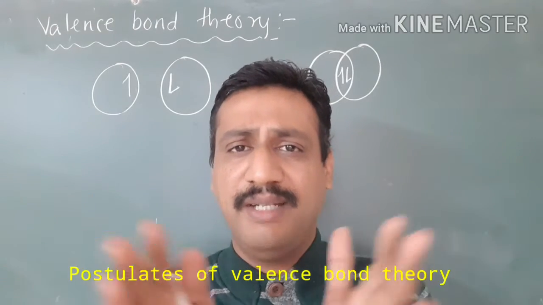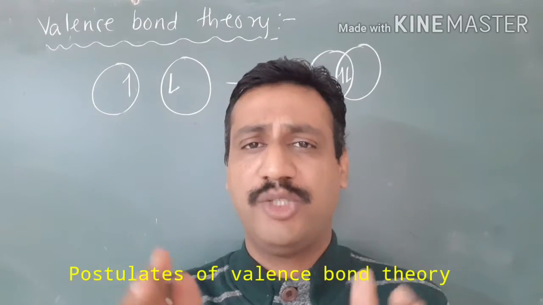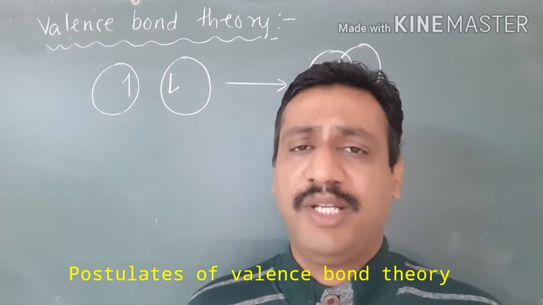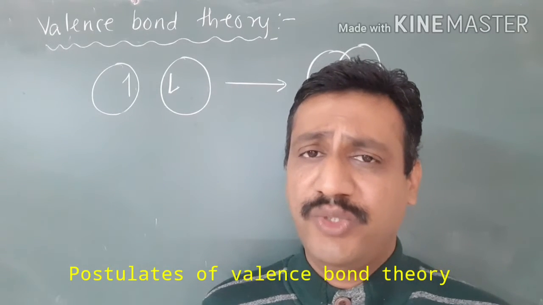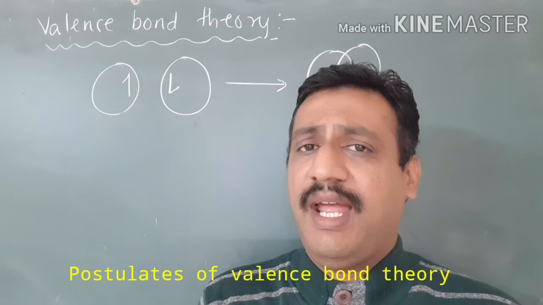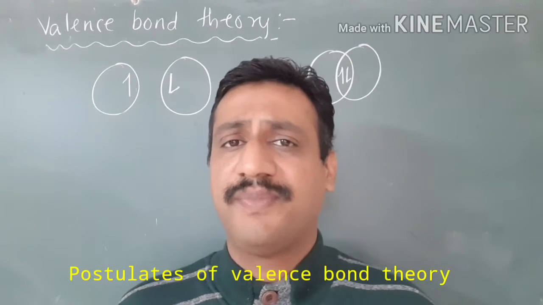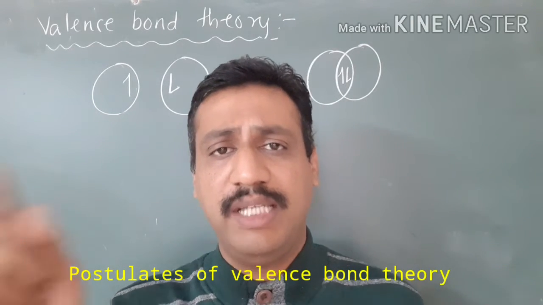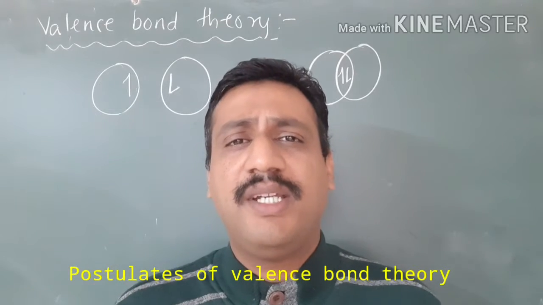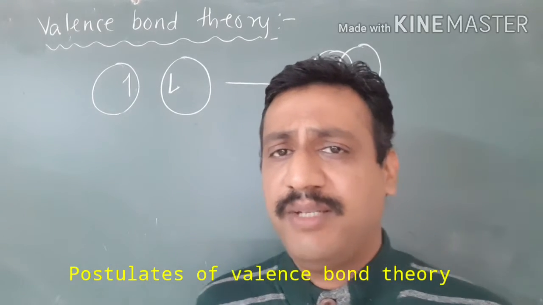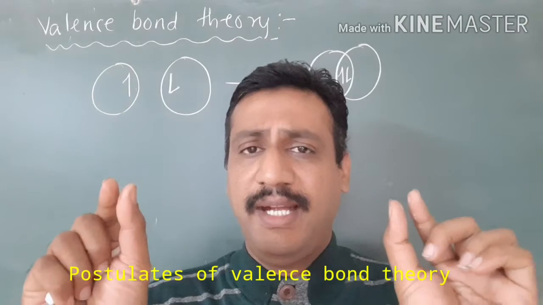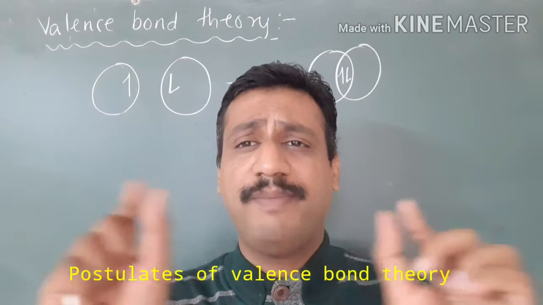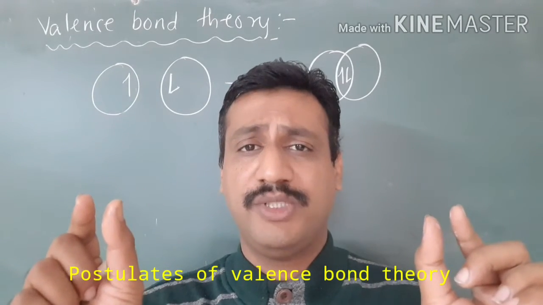There is a certain limit for overlapping between these two atomic orbitals, because in an atom there is a nucleus and around the nucleus electrons are revolving. Different forces exist there. Between the two nuclei of the atoms there is a force of repulsion, as both nuclei are positively charged.